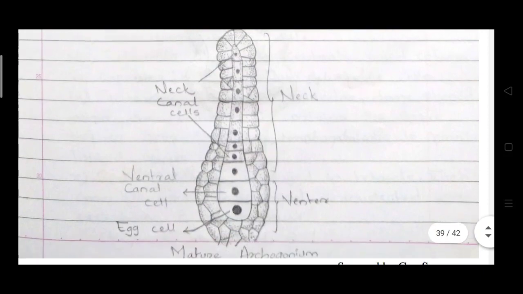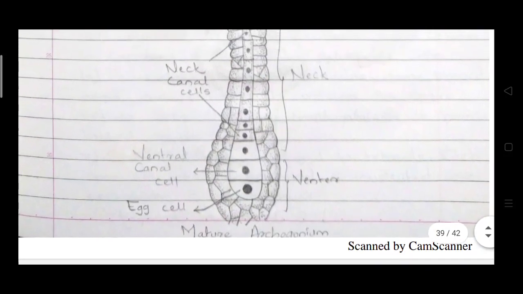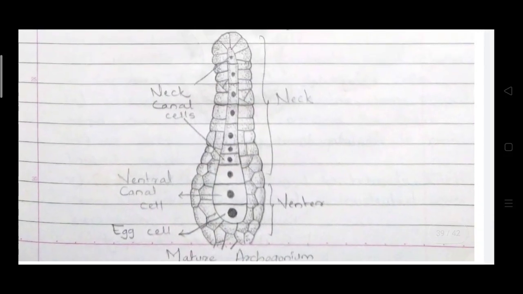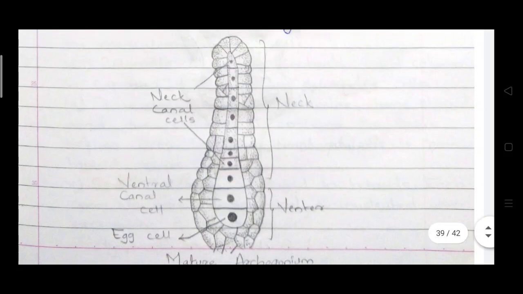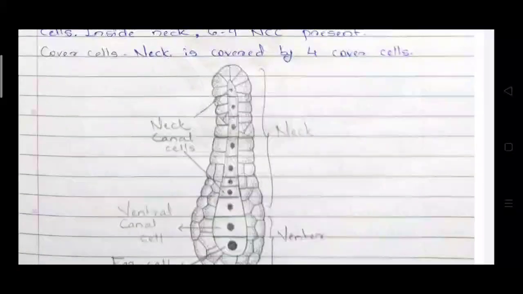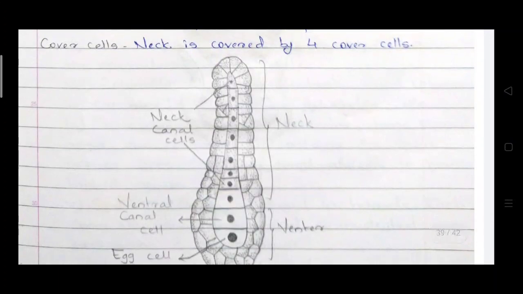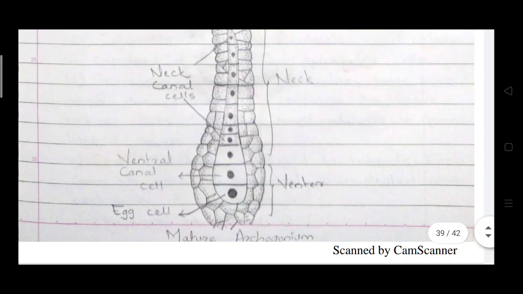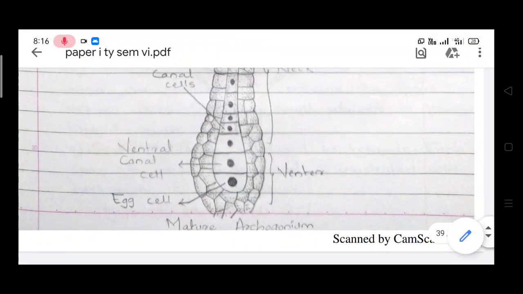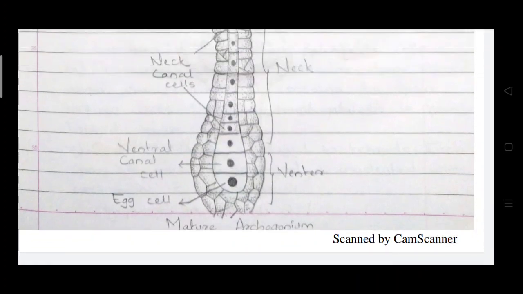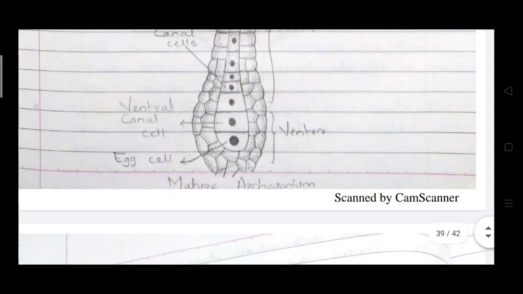When the Archegonium matures, the neck canal cells disintegrate and form malic acid, and then the cover cells open for the entry of the antherozoids. Antherozoids enter through these cover cells and unite with the egg cell. After the union, the zygote is formed.